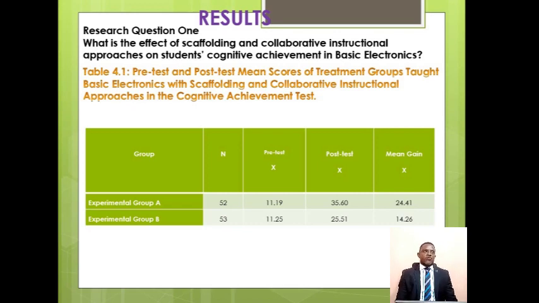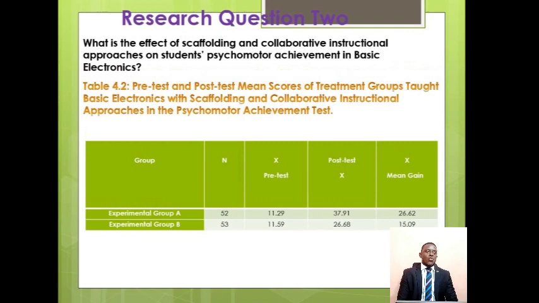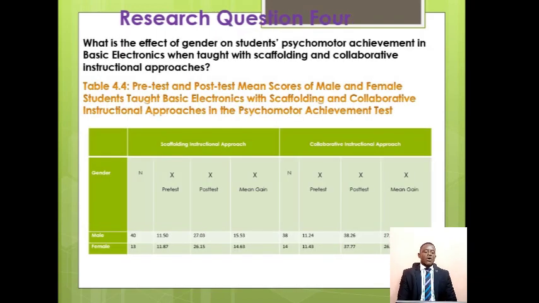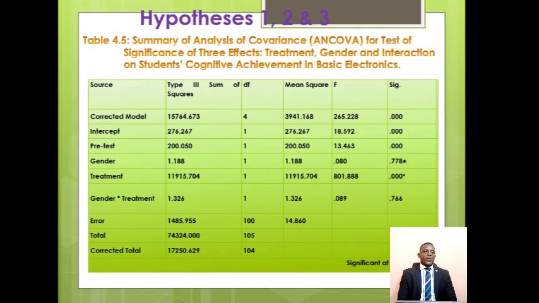Take for instance, if school A was to be treated with the scaffolding instructional approach, all the students offering this subject in that school went through this treatment. So there was no case whereby class 1 and class 2 inside the same school were treated with different teaching approaches. That helped in containing and controlling subject interaction.